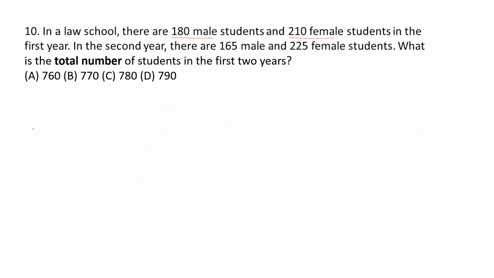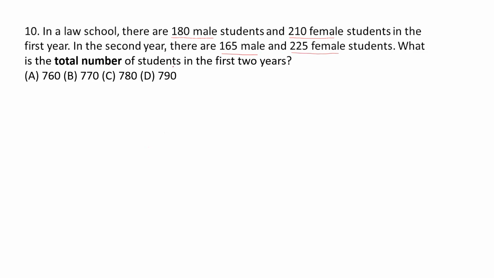Next problem. In a law school, there are 180 male students and 210 female students in the first year. In the second year, there are 165 male students and 225 female students. So male in first year, female in first year, male in second year, female in second year.